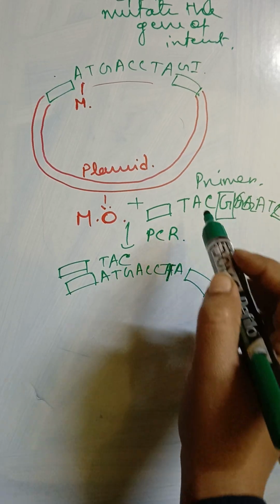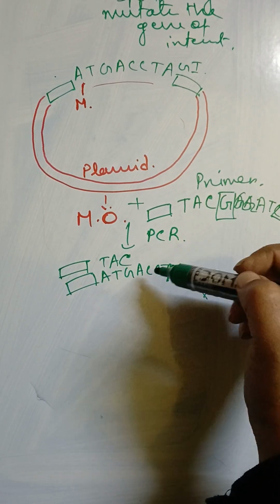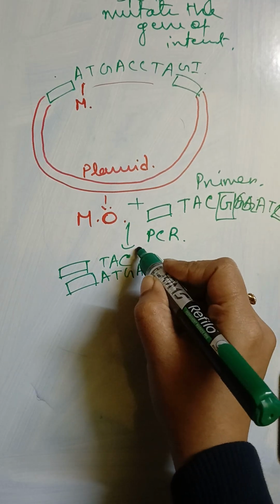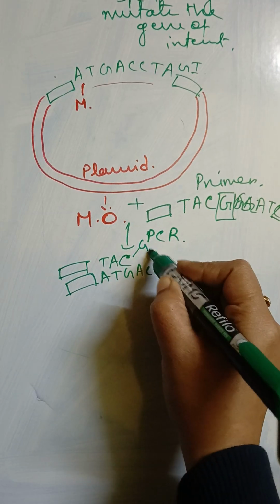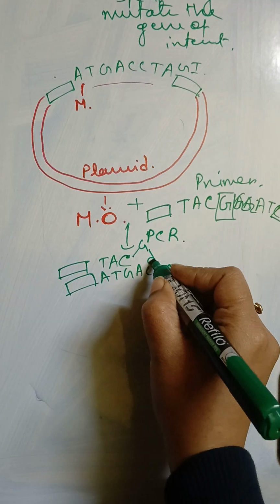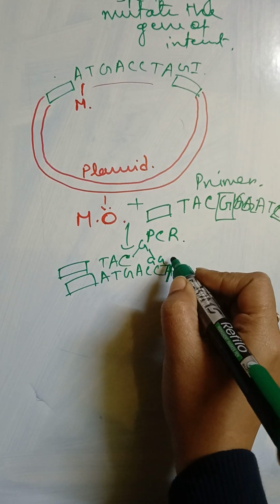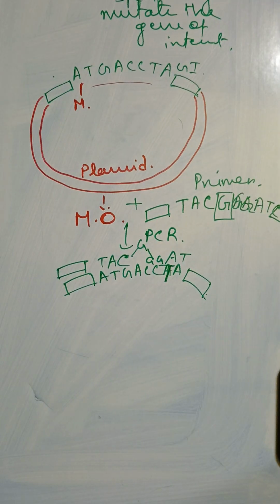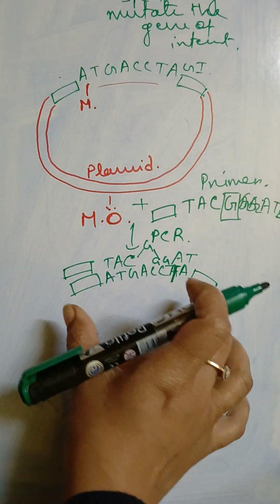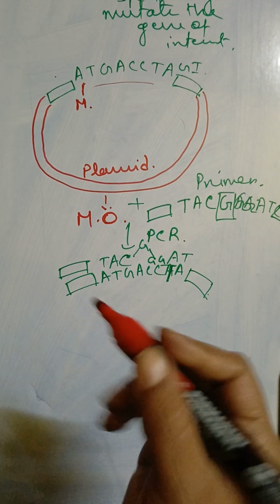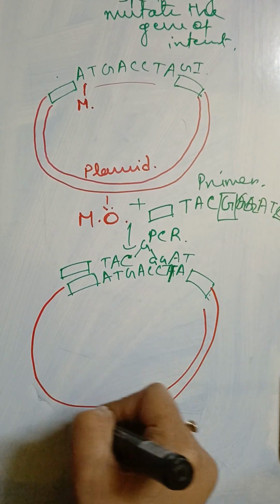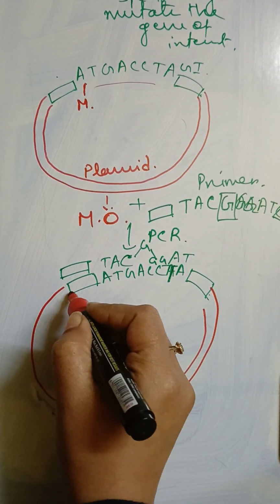Obviously, G will never base pair with adenine. So it looks like this. Now the rest of the other parts will anneal to this one in this way. So primer annealing is done. This is the plasmid.